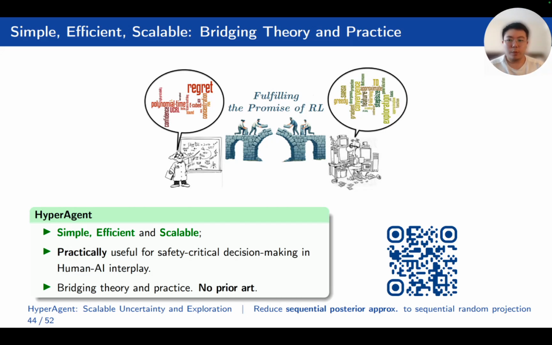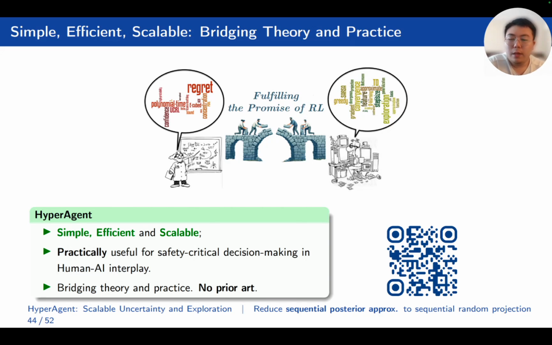And it works well in societally significant applications, for example, content moderation, when human feedback is expensive, or the number of human reviewers in the content moderation system is limited. And also this kind of decision-making process is safety critical. So the HyperAgent can work well there to solve this data efficiency issue or the feedback labeling issue.